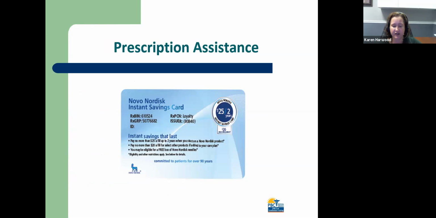If somebody's insured and they have an expensive medication, the manufacturer is where you want to go to see if they have a coupon card that can be used in partnership with their insurance. I know with some of the Medicare insurances, it does vary what they're able to do, but it's important to know that this is a resource and can oftentimes save people a lot of money.